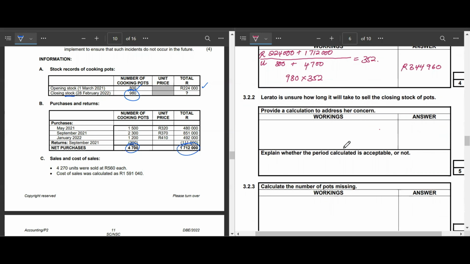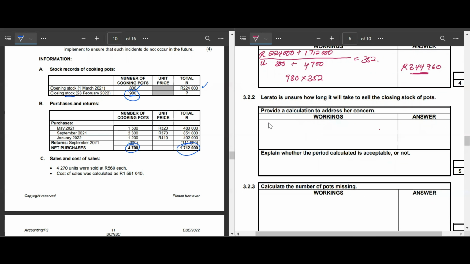The next question says, Lorato is unsure how long it would take to sell the closing stock of pots. The closing stock is 980 units, but we also have the rand value of it. So I'm going to do two methods. The first one is using the rands.